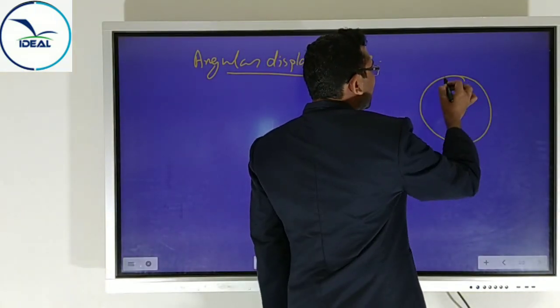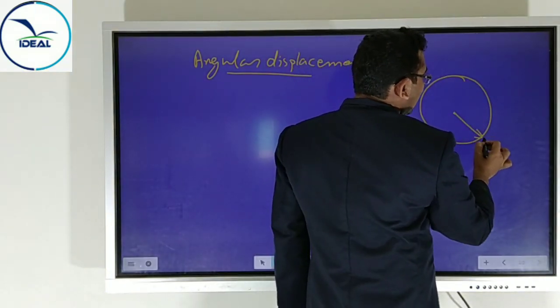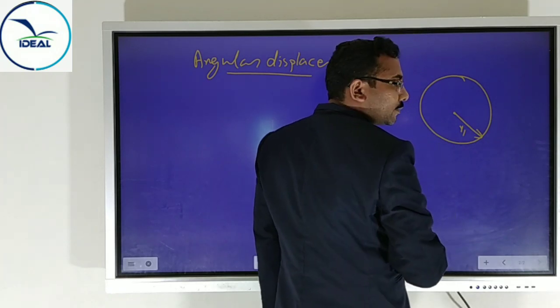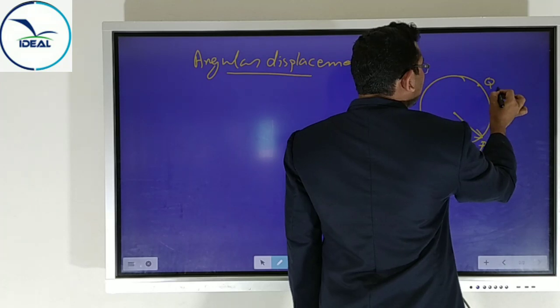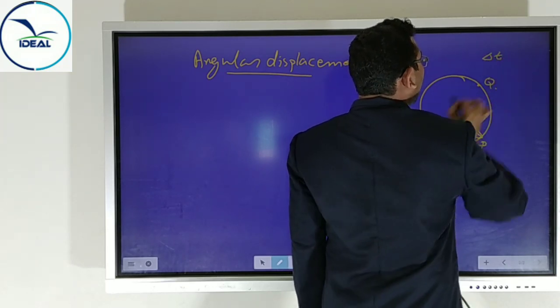Suppose we consider a circular motion. This is the radius vector r1, and it moves from P to Q in a time delta t.